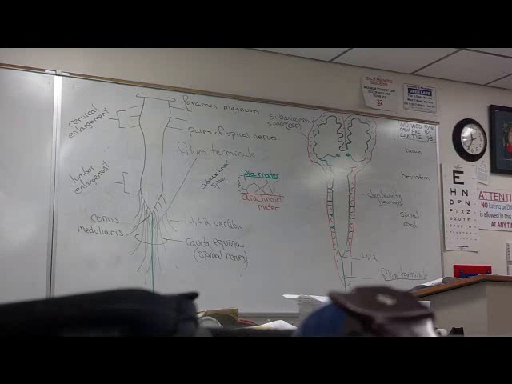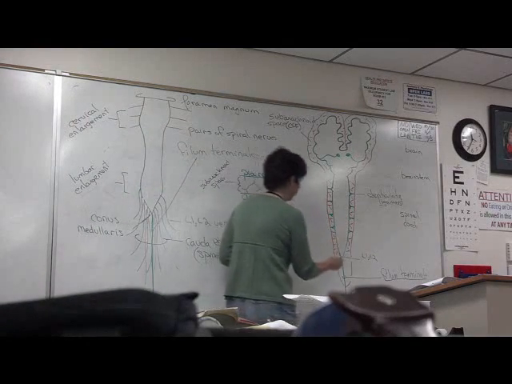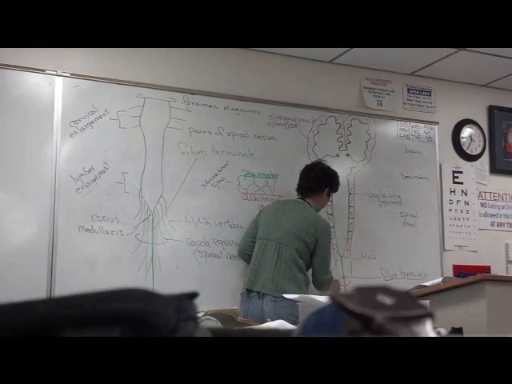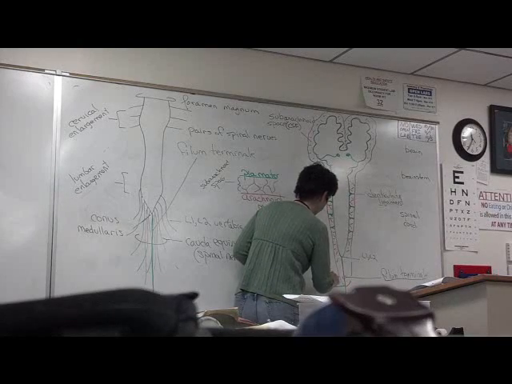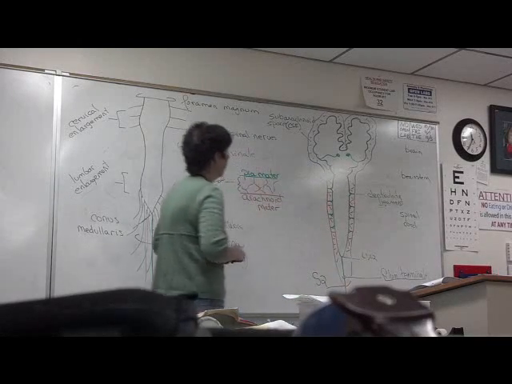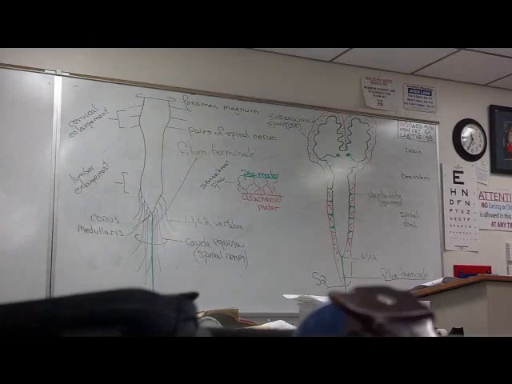So again, that's around the spinal cord, that's around the brain. And so the subarachnoid space allows a continuous flow of CSF.